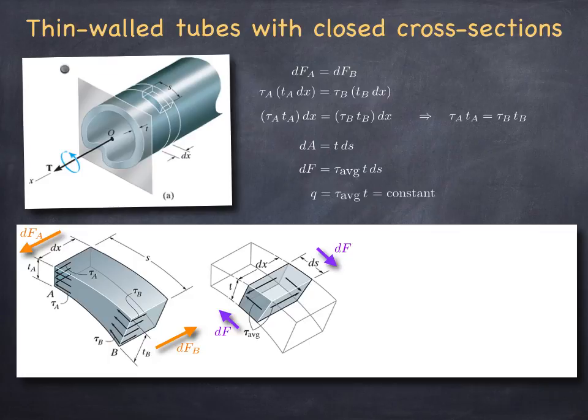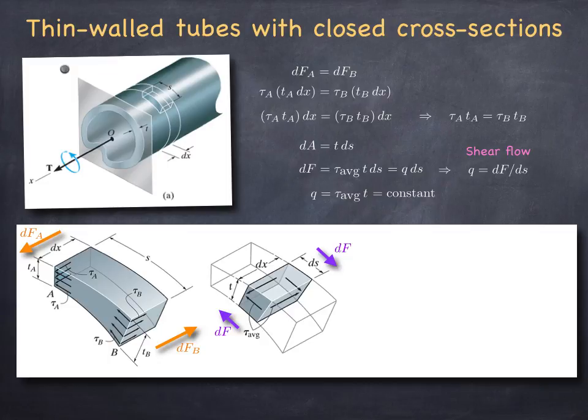So again, dF is equal to Q times ds, or shear flow Q is equal to dF over ds. So whatever this force is around the circumference, its variation with respect to the s coordinate is a constant. It is not zero, but it is a constant.